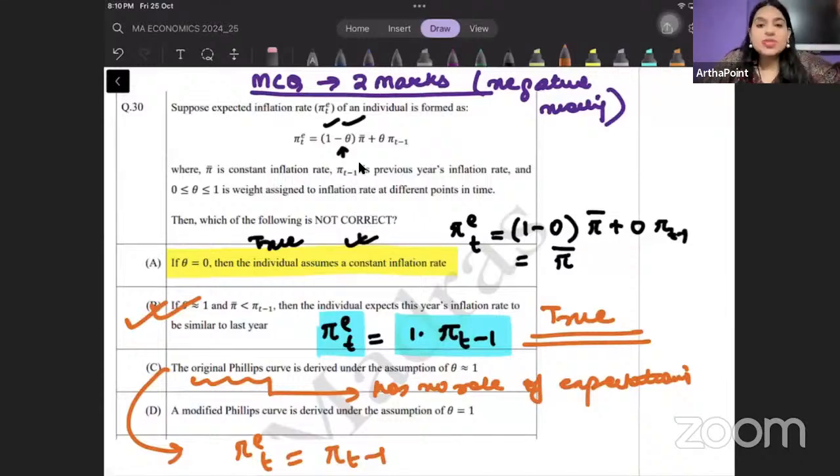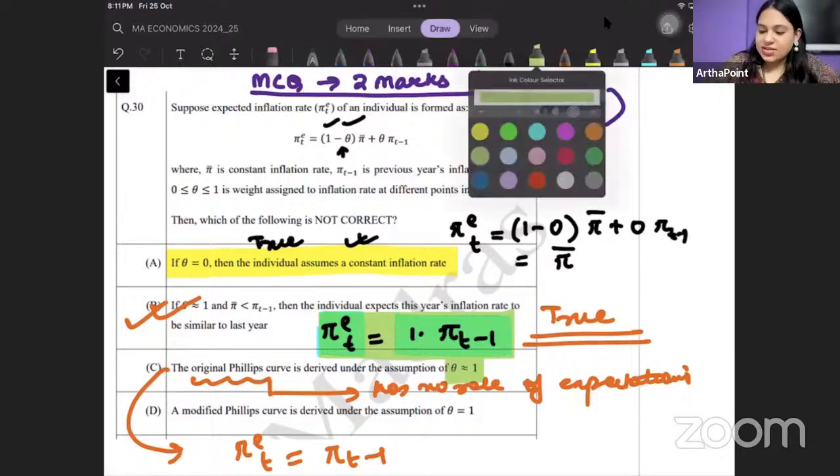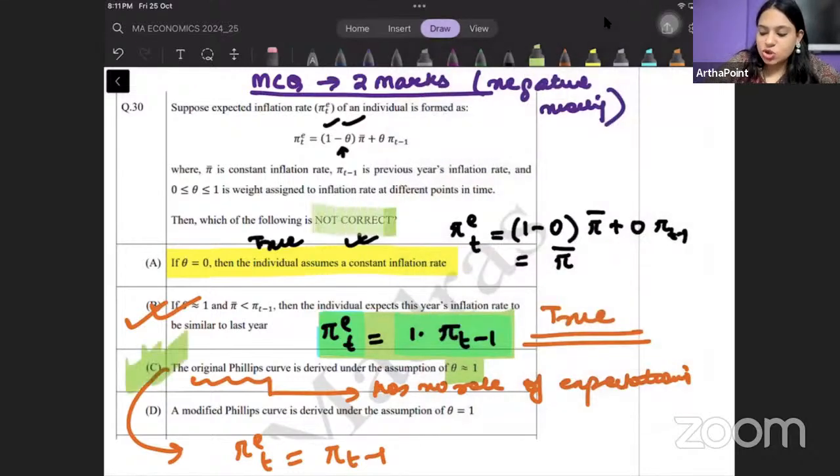This is the augmented Phillips curve. But how can we have the original Phillips curve having a role of expectation? That's not possible, right? So therefore, we can say that it is an incorrect statement. The third one is incorrect. I think this was a good question because many people will think कि ठीक है, this is the original Phillips curve. No. So just mark answer C here because we need to tell which is not correct.